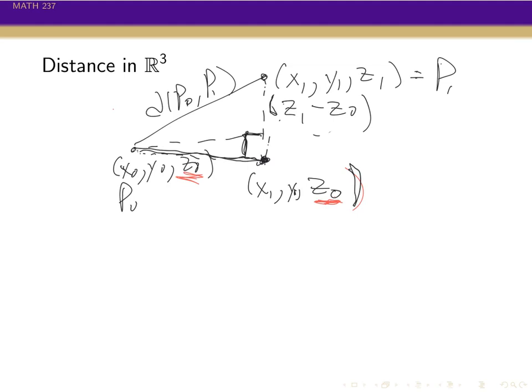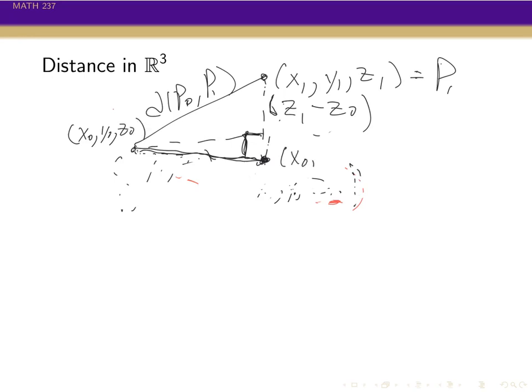Let me give myself some space and erase some of this junk. So this is our x naught, y naught, z naught. And this is our x1, y1, but at z naught.